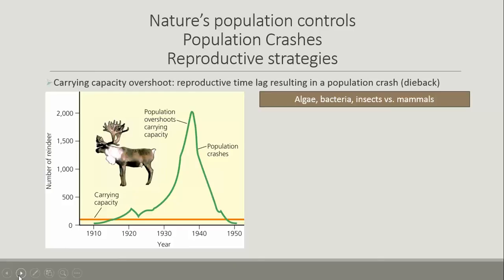A lot of large mammals, elephants, whales, humans, follow this reproductive pattern, and a lot of these species, especially those with long times between generations and with low reproductive rates, we read about sharks and their low reproductive rate, are really vulnerable to extinction because of that long period of time in between reproductive cycles.